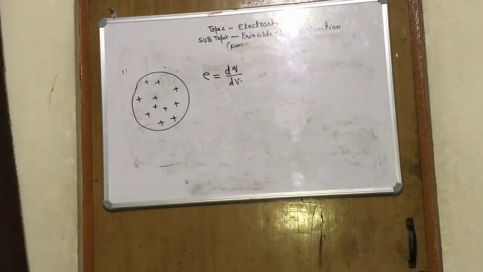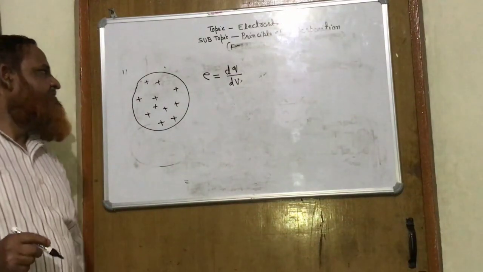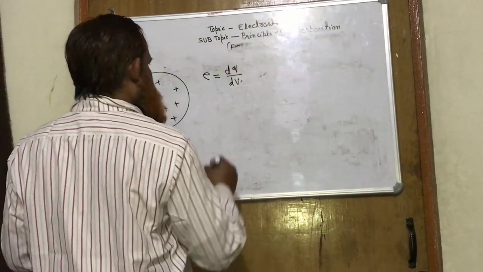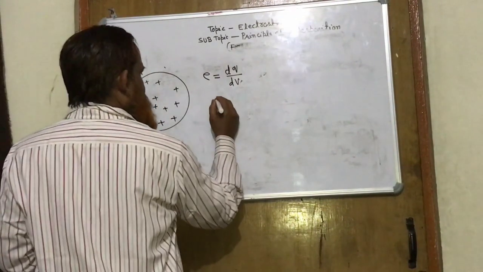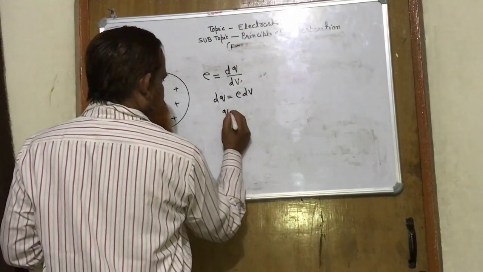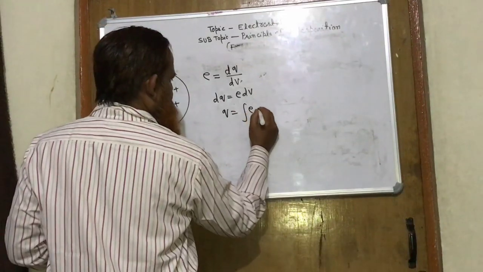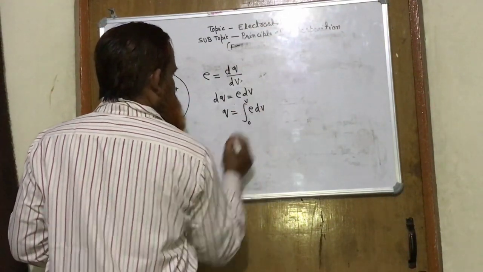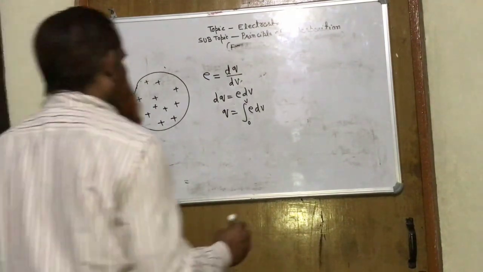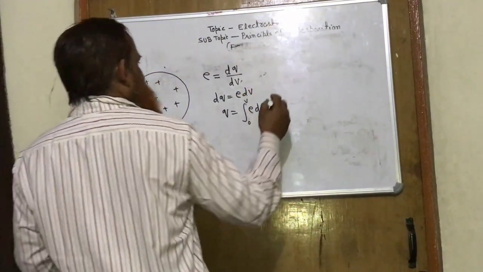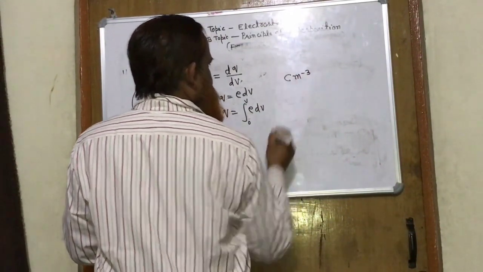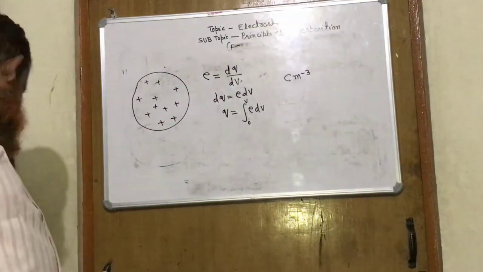If dq charge is distributed in dV volume, then the charge per unit volume will be dq by dV, or dq will be equal to rho dV. Now Q is the integral of rho dV, and the unit of volumetric charge density is coulomb meter minus 3, coulomb per meter cube.